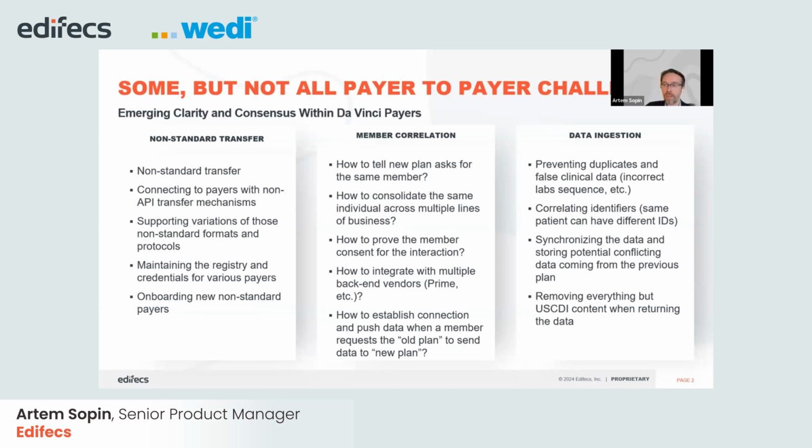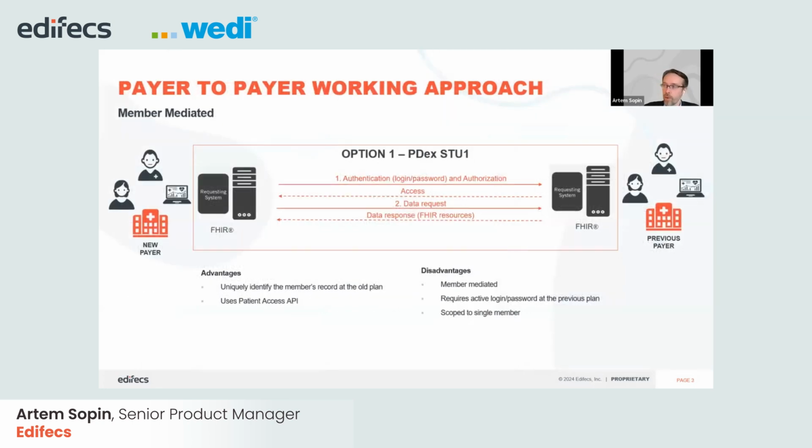And once you know how to connect and whose data you're looking for, then you need to grab this data and start the data ingestion. And within each of these steps, there are multiple challenges.